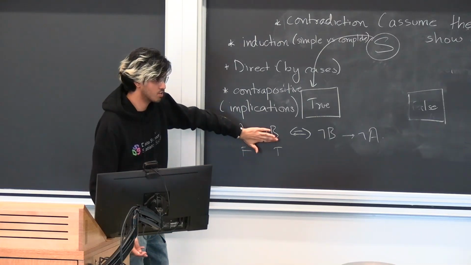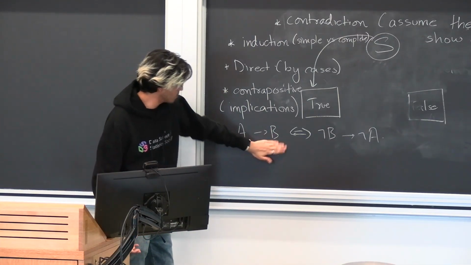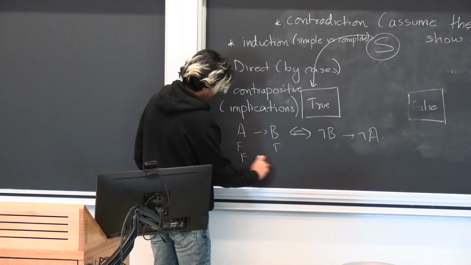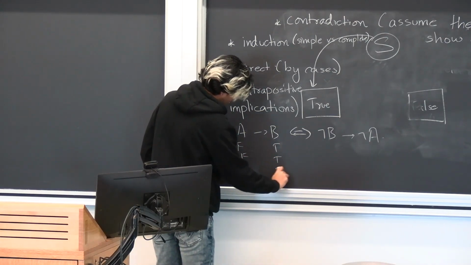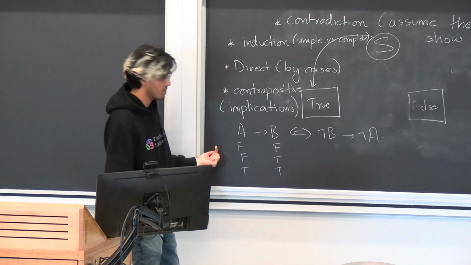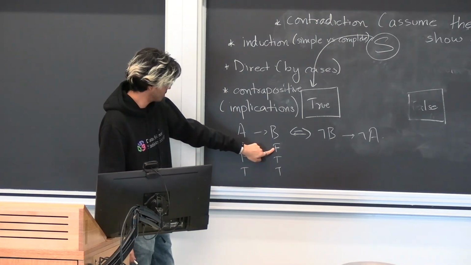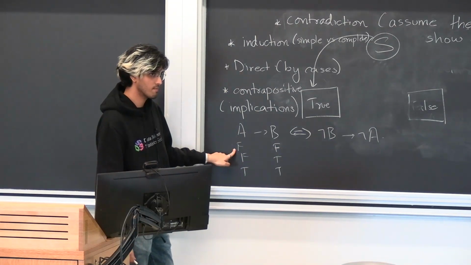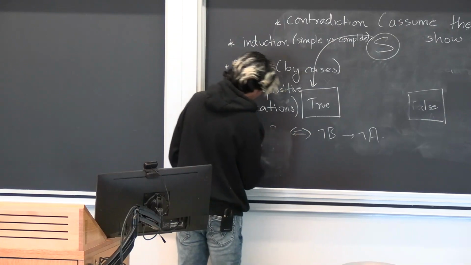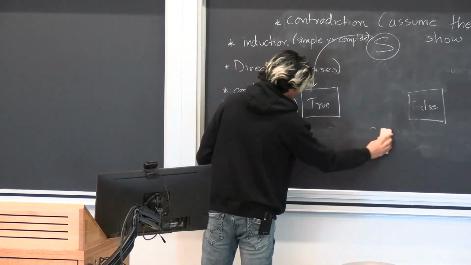So if this statement is true, then you know that the only way this statement is true is false, true, false, false, true, true. Which means, if you look at it from the other way, if B is false, then A must be false. Okay? So this is by way of contrapositive.